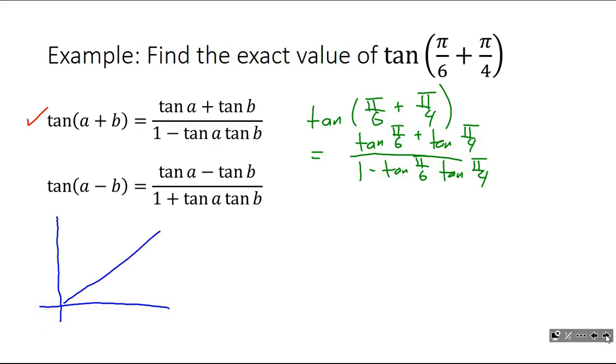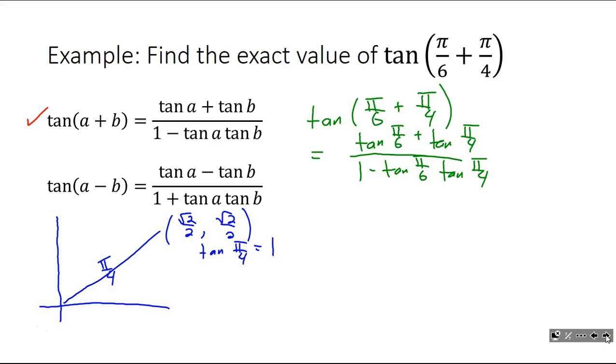Okay, my picture's not perfect there, but you know what I mean. Pi over 4, recall that the coordinates at pi over 4 are square root of 2 over 2 and square root of 2 over 2. Now the tangent at pi over 4 would equal the y value over the x value. Well, since they're identical to each other, that tangent would just equal 1.